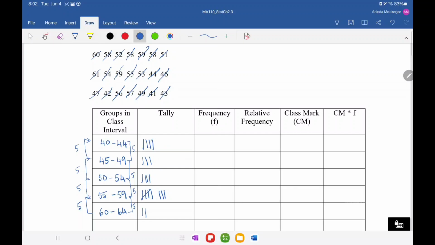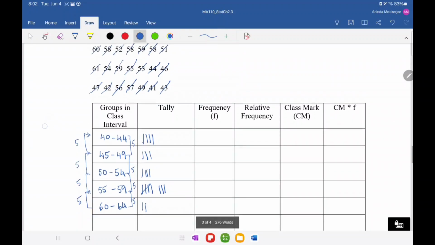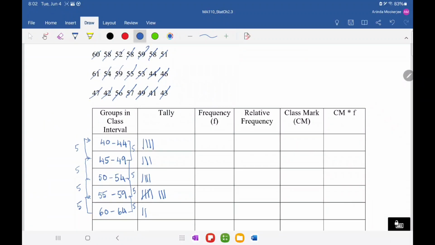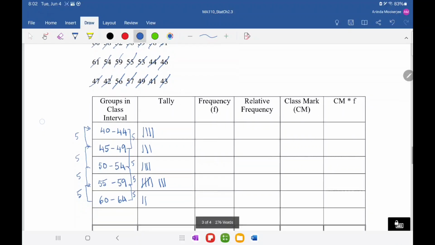All right, so I thought I would have you finish the tallying, but I ended up finishing it anyway, so not a problem.